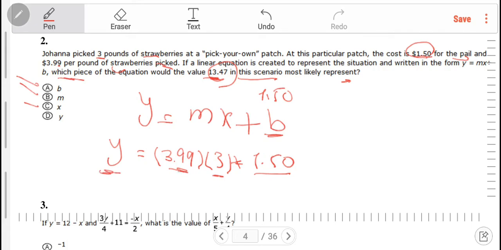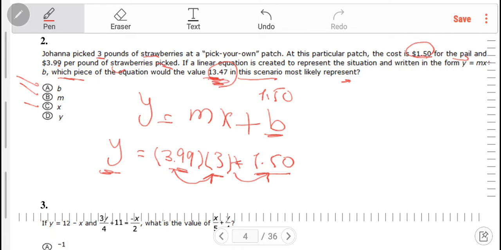If this section is no calculator and you try to multiply these two numbers, oh my god, and add 1.50, it's too hard. Not too hard, it takes a long time. I think, directly and accurately, y is the number 13.47, mister.